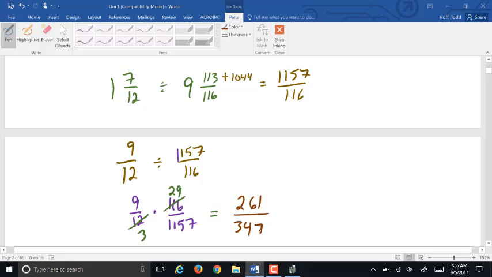You're right, 3471. 261 over 3471. This should be a 19 out of 9, shouldn't it? So it's 19 times 29, which is 551. That looks better. At this point, can it be reduced?